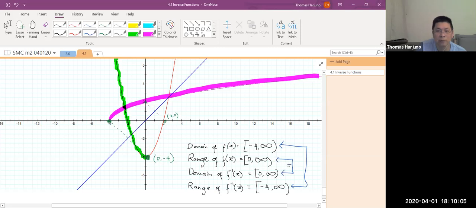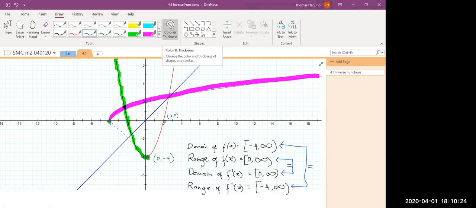They are the same: the range of the function and the domain of the inverse. And also the domain of the function is equal to the range of the inverse. You see that?